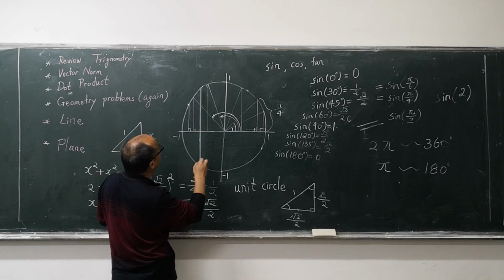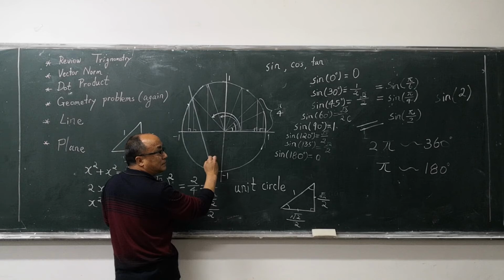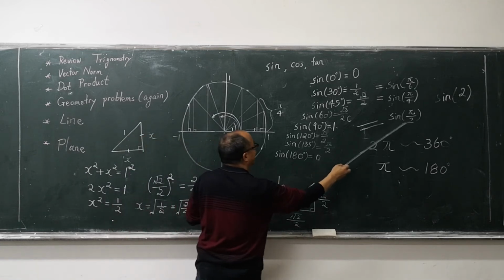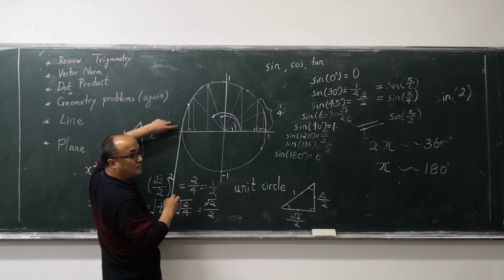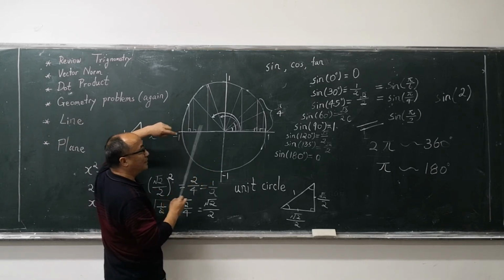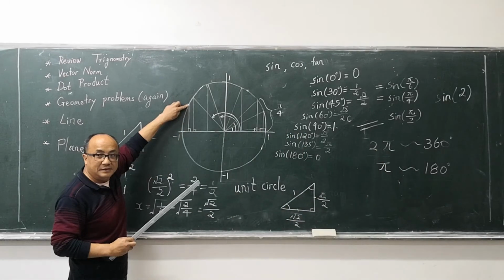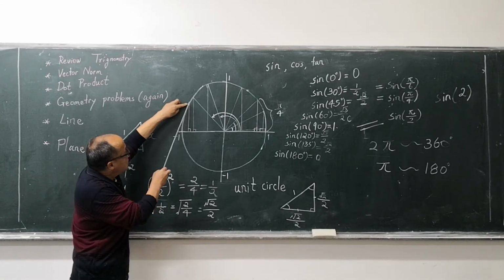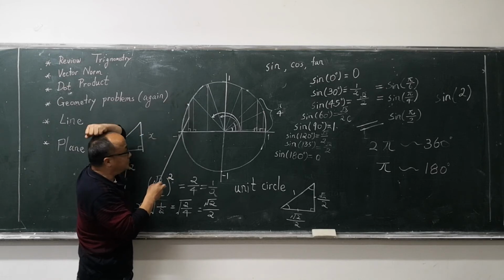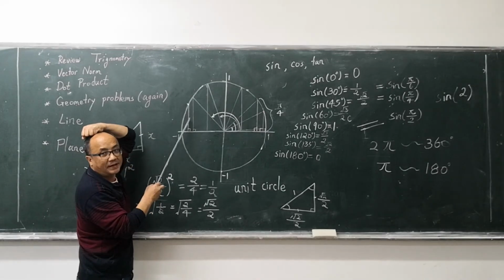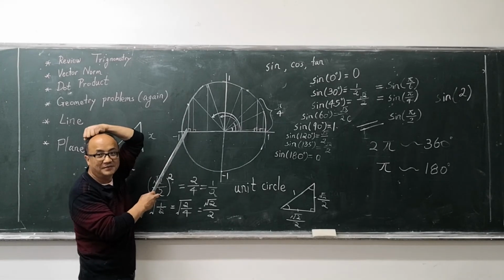I'm not sure if it's here or here. Anyway, it's over half pi but not pi yet, because pi is 3.14 and yours is 2. Let's say it's over here. So sine 2 means this arc, and you draw the vertical line. This one is sine 2.